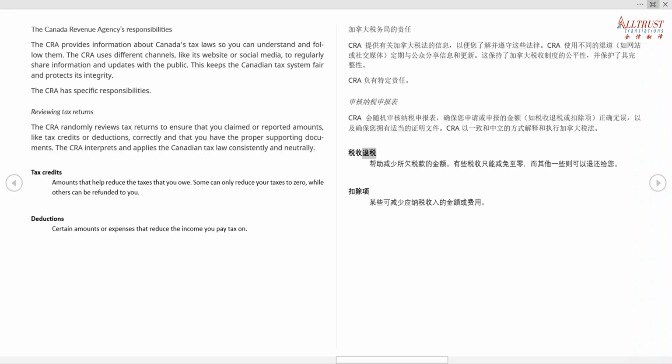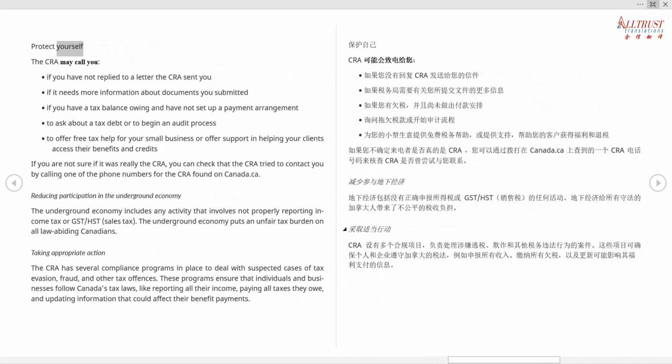Protect yourself. The CRA may call you. If you have not replied to a letter the CRA sent you.